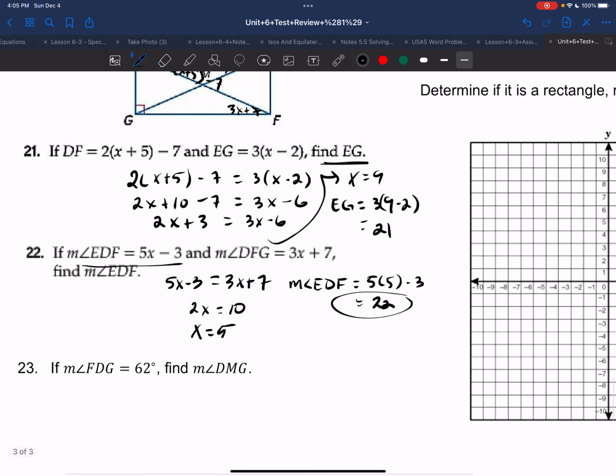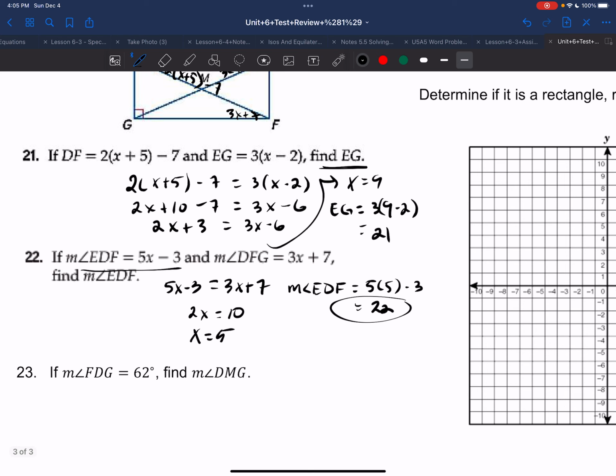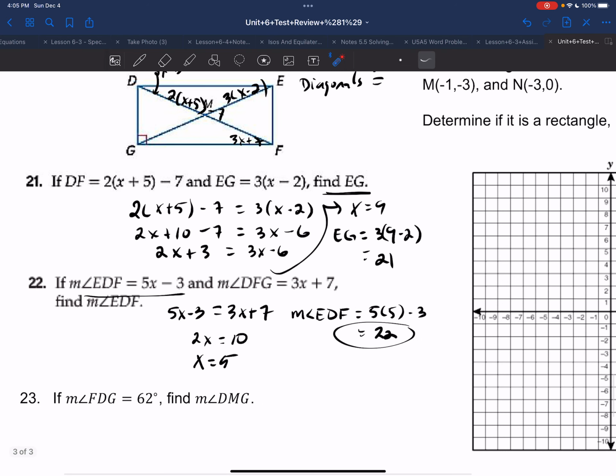23, if measure angle FDG is 62, so FDG is 62. I want to find what DMG is. So let's see, DMG. Okay, so do you see this triangle over here?